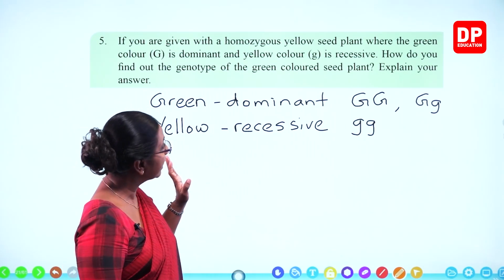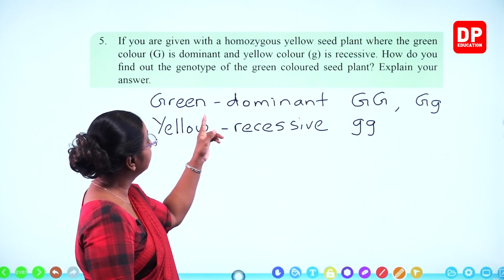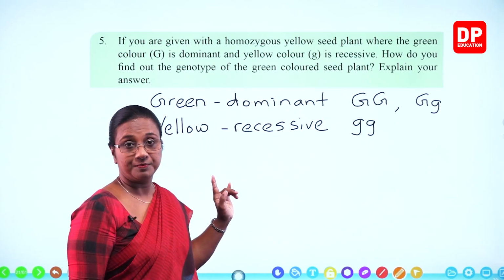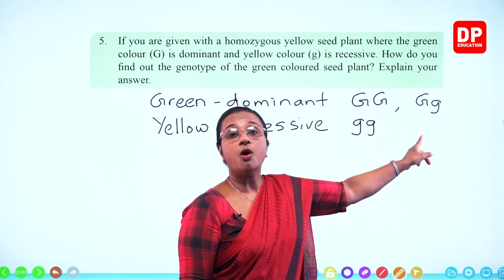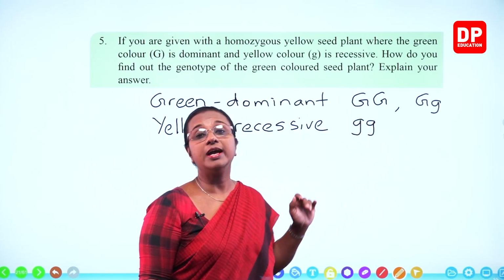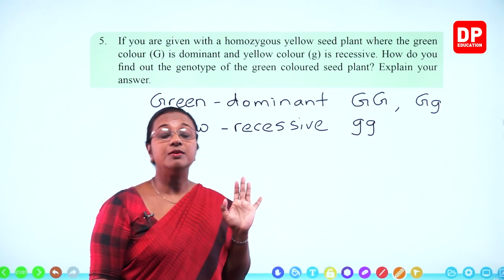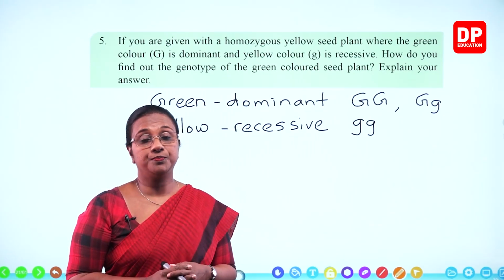So how do we identify? The question is to identify whether the green colored seed plant has the genotype capital G capital G or capital G, simple G, whether it is homozygous or heterozygous. That is what we need to identify. So what can we do?